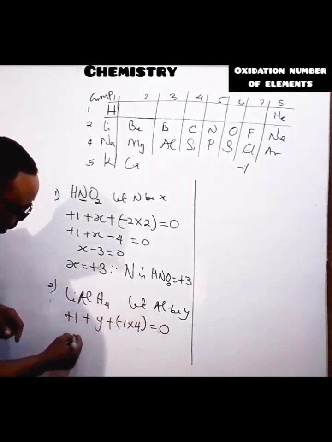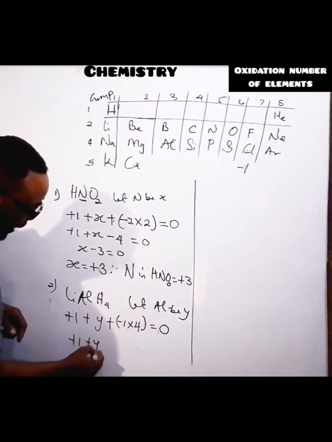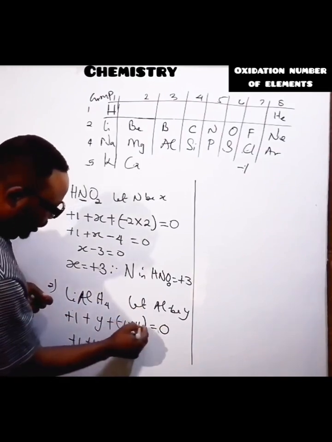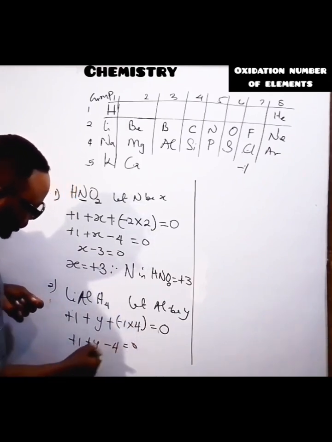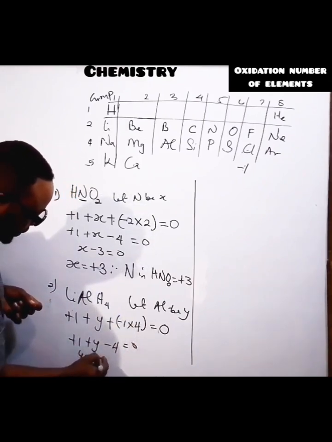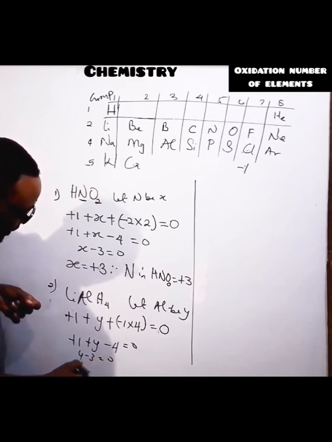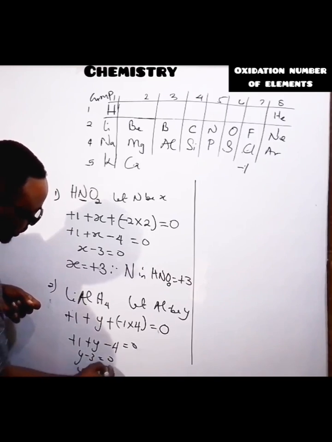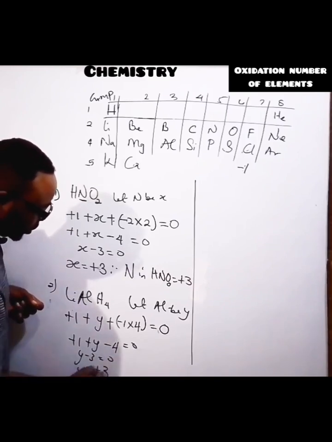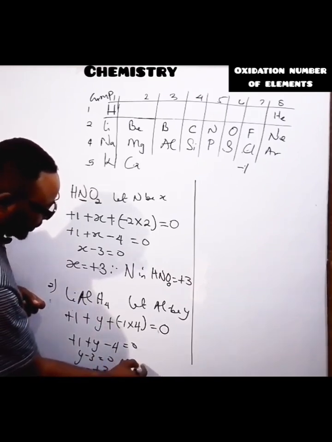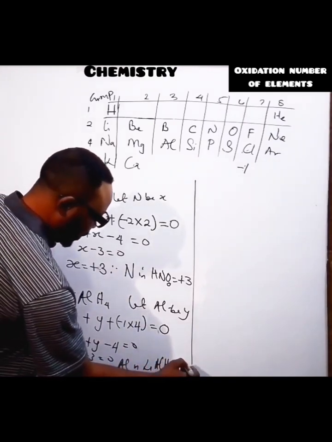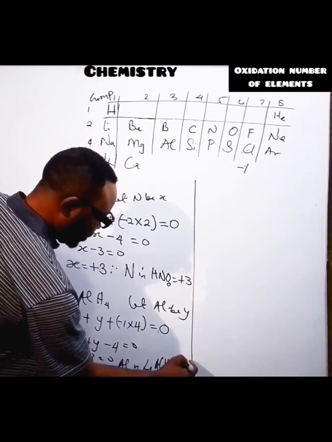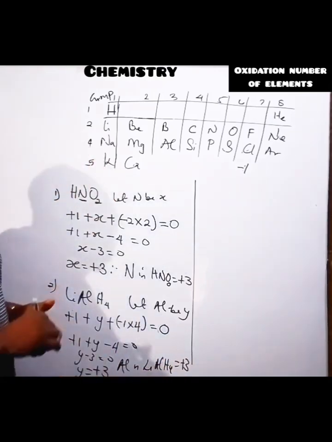So we have +1 + Y - 4 = 0. 1 - 4, that's Y - 3 = 0. So Y will be equal to +3 as well. So the oxidation number of aluminium in LiAlH4 is equal to +3. Take note of this.